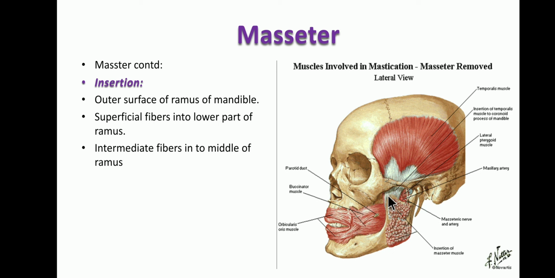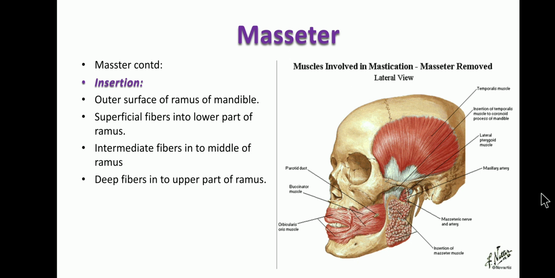So it is mainly supplied by the masseteric branch of the mandibular nerve from the anterior division. Okay, so it emerges via the mandibular notch and then supplies the muscle from the deep surface.